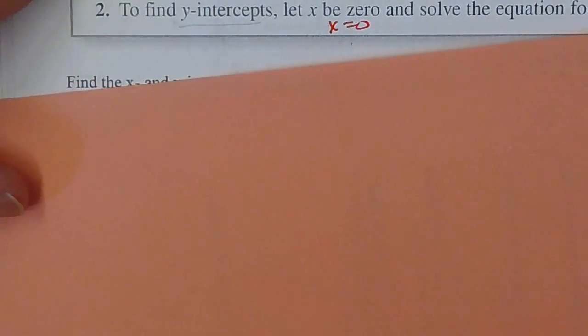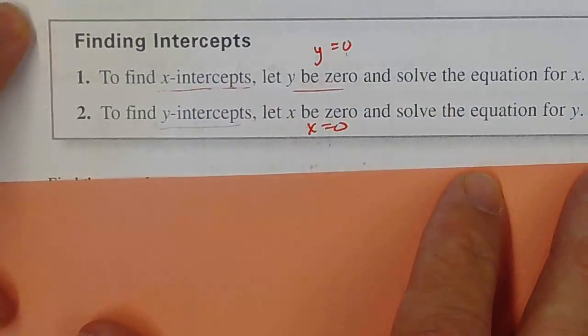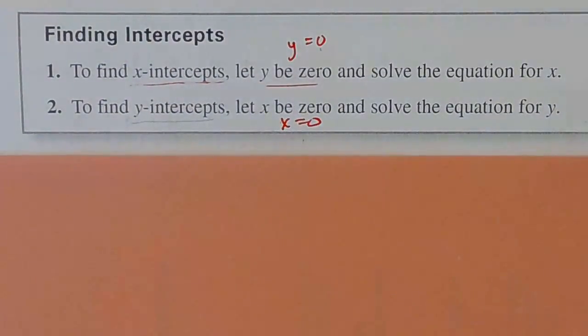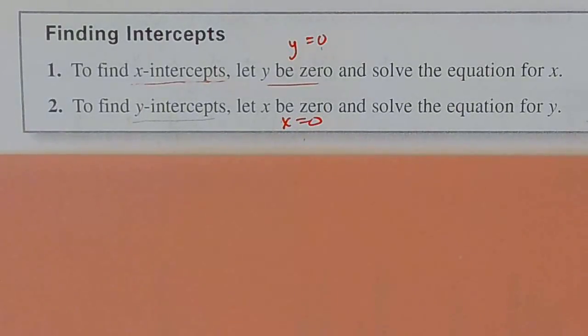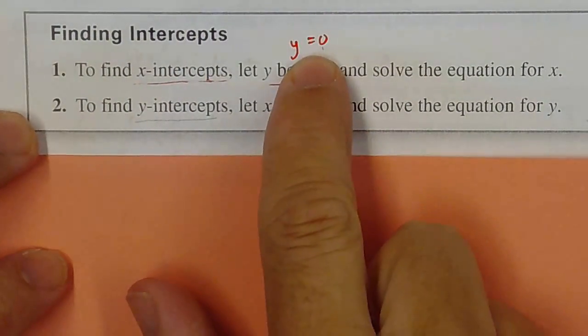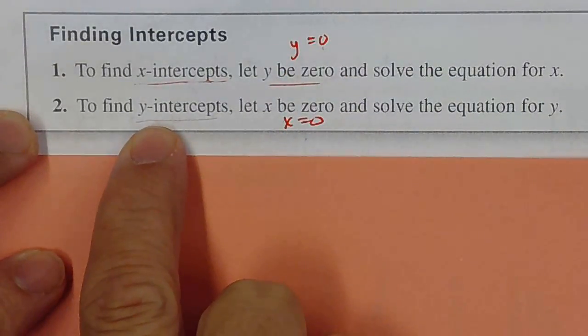We're going to find intercepts now given an equation. Okay, so the first bullet says to find x-intercepts, let y be 0 and solve the equation for x. So we're going to replace y with 0. To find y-intercepts, it's just the opposite.